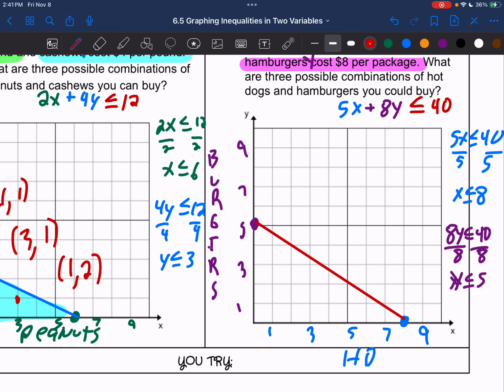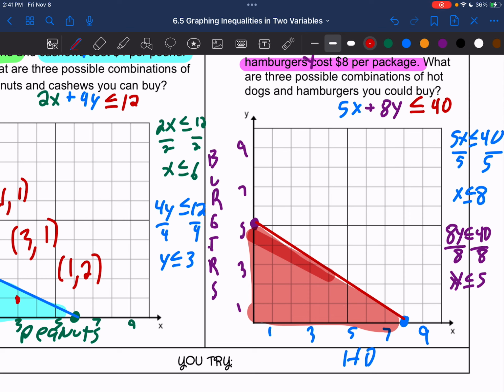You'll notice I haven't done any arrows on the ends of this because, can we go beyond the axes? Can we go beyond 0 for any of these scenarios? No, you can't have negative hot dogs. You can't have negative burgers. That doesn't make sense.